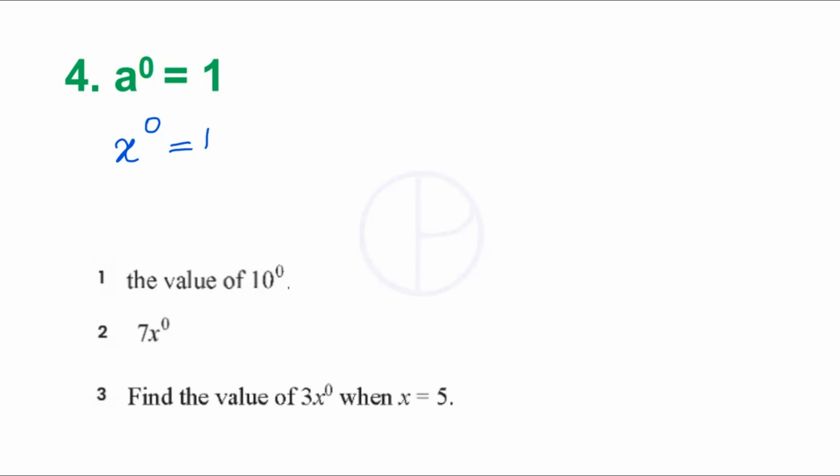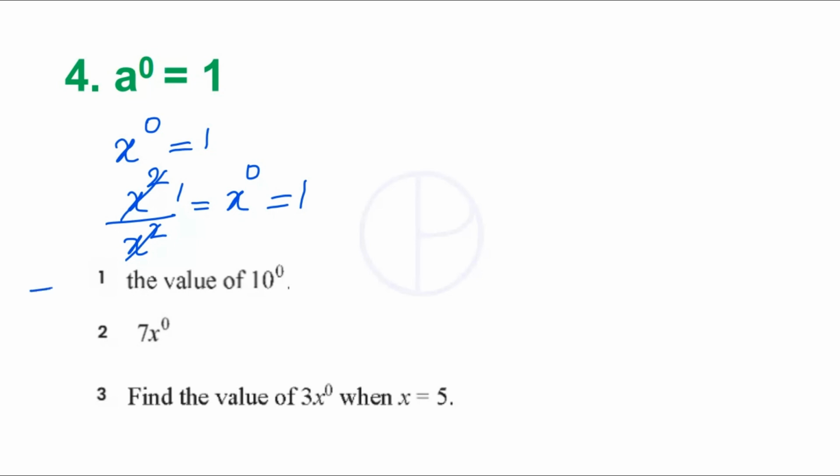Okay. How we are getting this? Let's take x square divided by x square. So what we get? X power 2 minus 2, which is 0. Okay. So if we cancel these two, we get 1. Okay. What that means is x power 0 is 1.